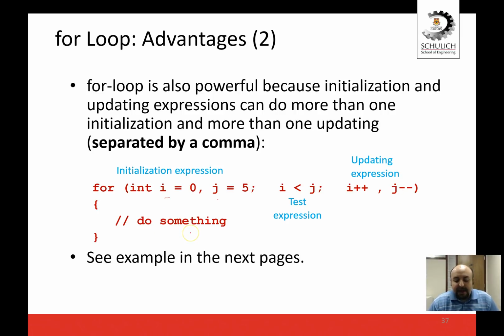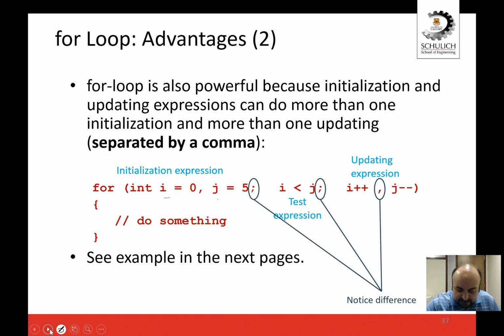And some sort of thing happens here, whatever statements you would like to display. So let's look at this example. Actually, first of all, before we go, notice the difference. The initializations are separated by commas. The test expression, then you have a semicolon, and then the updates are also separated by commas.